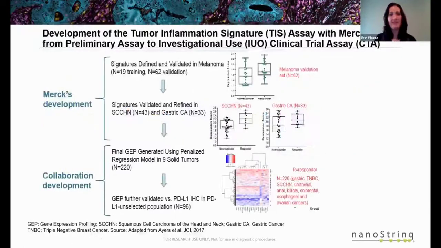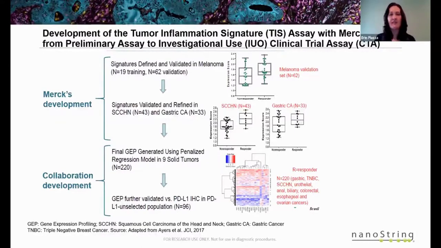So in developing their signature, they started with the initial data set and defined and validated an initial signature in melanoma. They continued to validate and refine that signature in head and neck, gastric cancer. And then when they had an excellent candidate for their gene expression profile, or GEP, they generated the final score based on a penalized regression model in 9 different solid tumors.